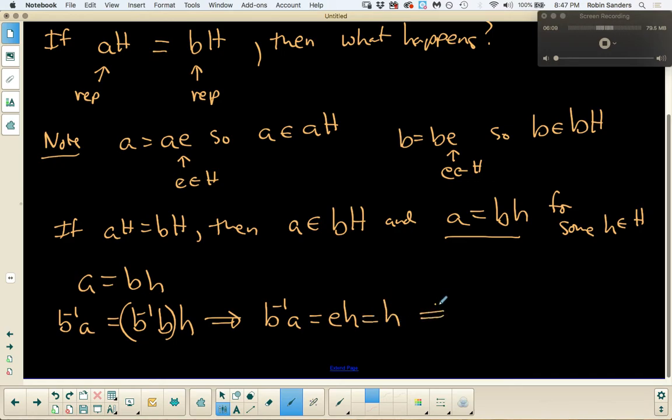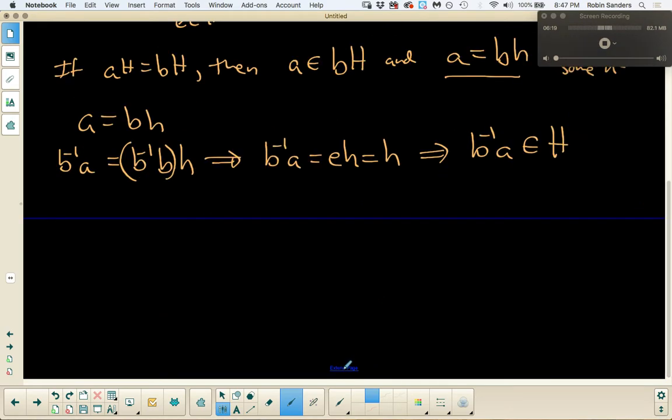And that says b inverse times a belongs to the subgroup H. So what we've done is actually prove the following fact, and let's get this fact written as a proposition.